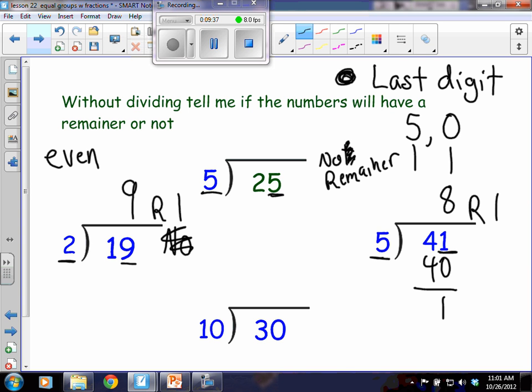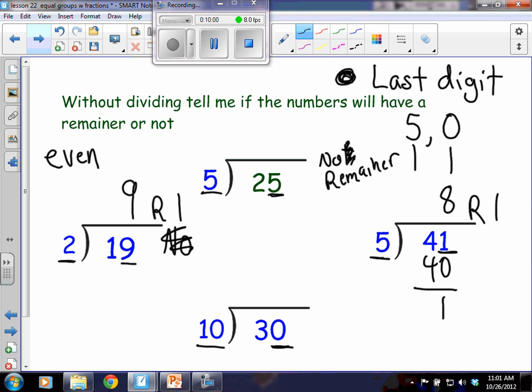The last very easy digit rule that we can follow is looking at the number 10. Because the multiples of 10 will always end in a 0. And so if we're dividing by 10 and we want to evenly have this, we know it's going to go in perfectly.